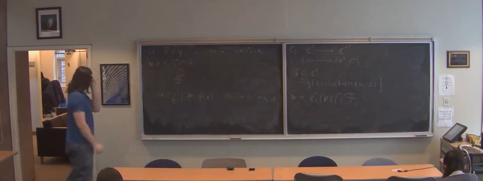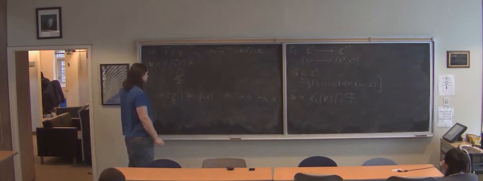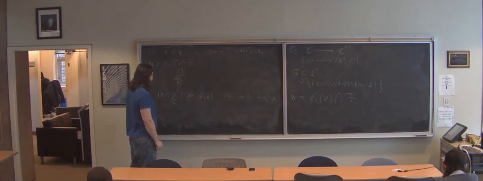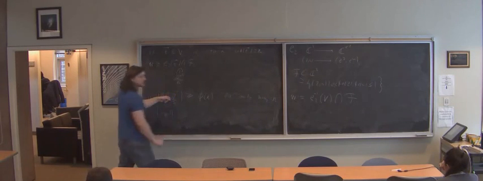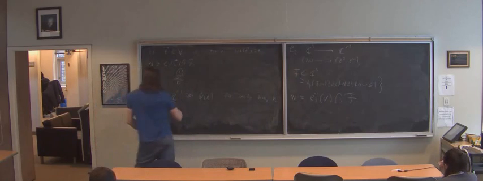Okay? And in fact, it's a little more natural for us to, instead of using all of W, just use W_R. These guys are all real, so we can restrict to the real locus.